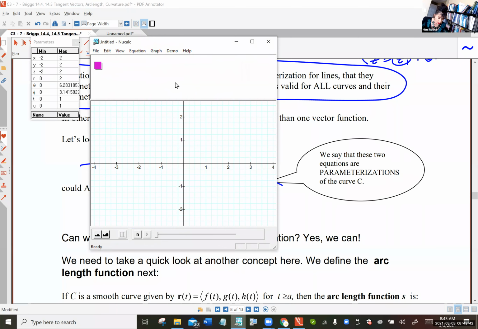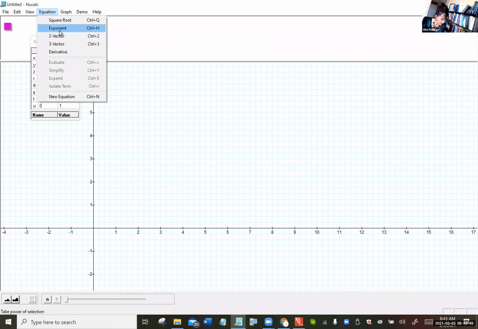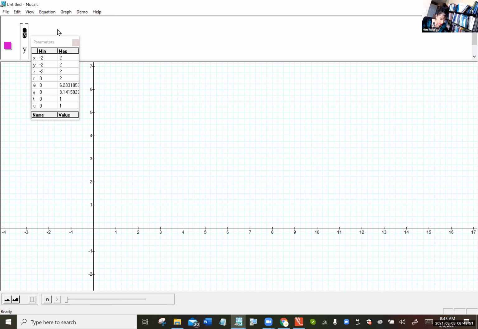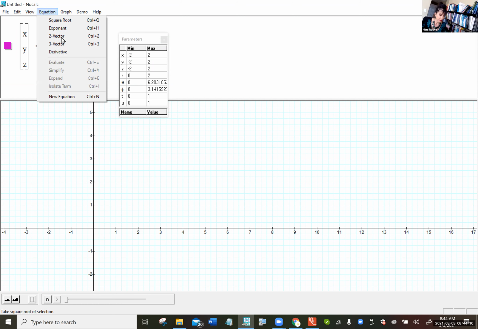So if I were to prove this to you, let's see if I can come up with a 3-vector. This is really cool software. I think I showed this to you before. Equals another 3-vector.